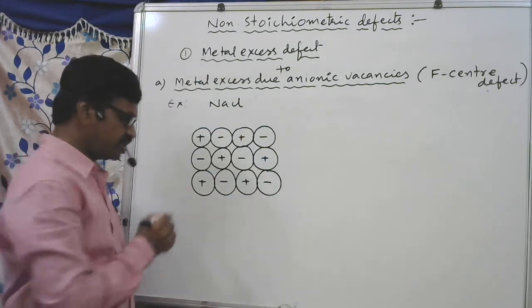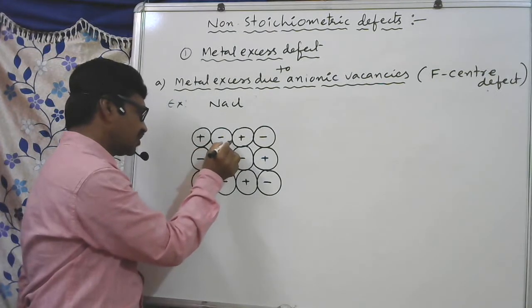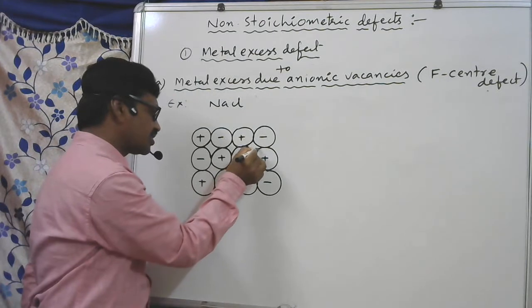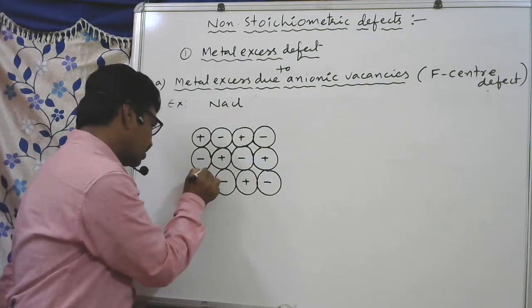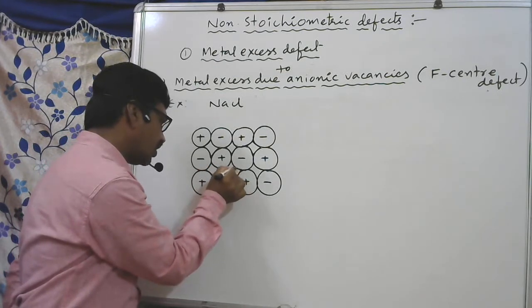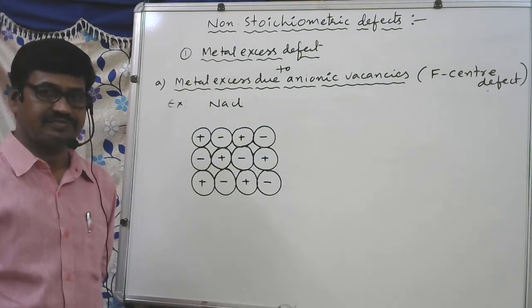And you can observe here, these are interstitial sites or empty spaces, otherwise you can say void spaces. That also you have to observe. So these are interstitial spaces, or void spaces, or empty sites.